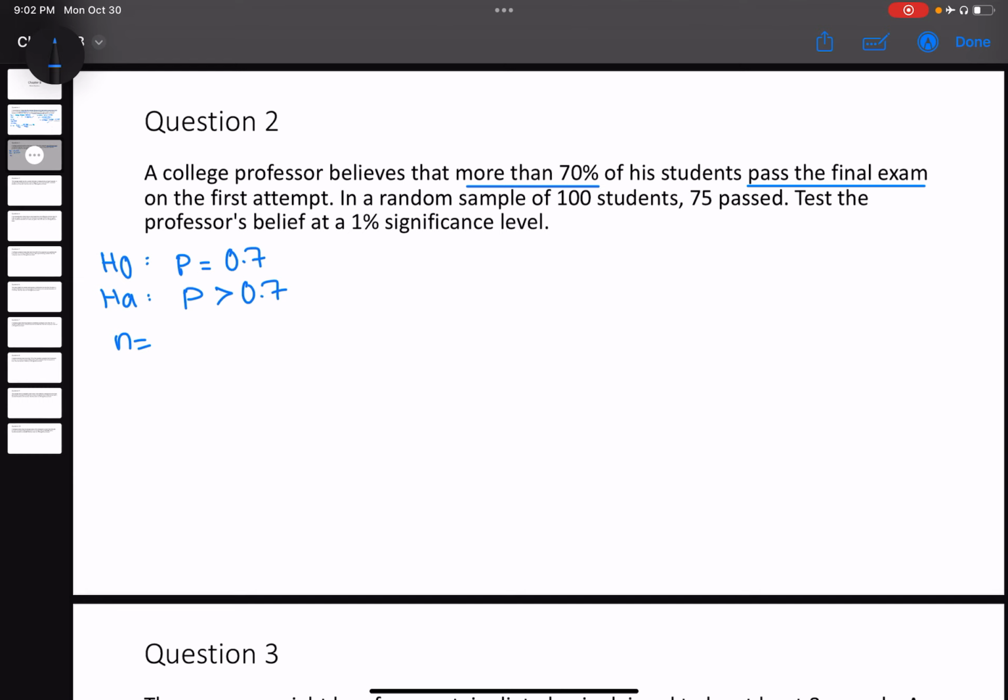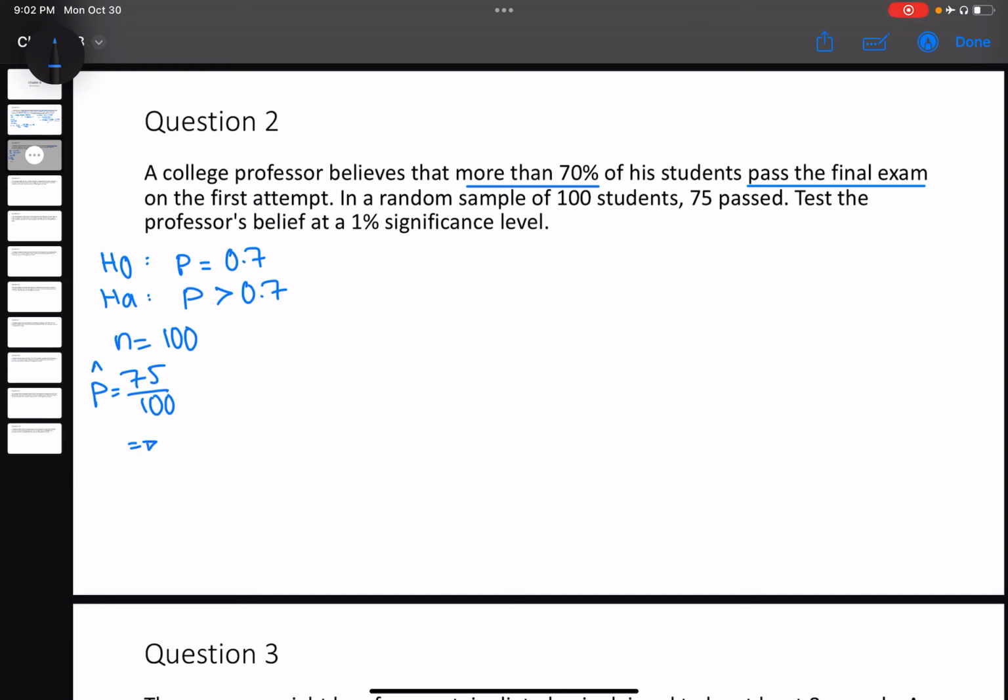We have a sampling distribution, 100 students, 75 of 100 students, which is p hat, the proportion, pass the test.